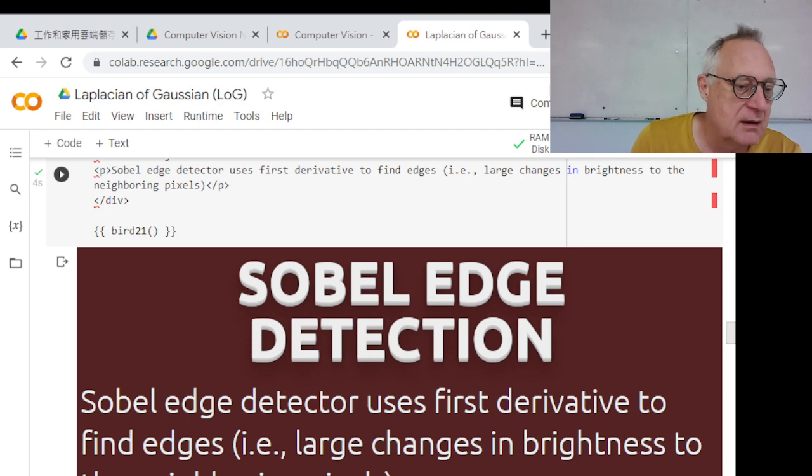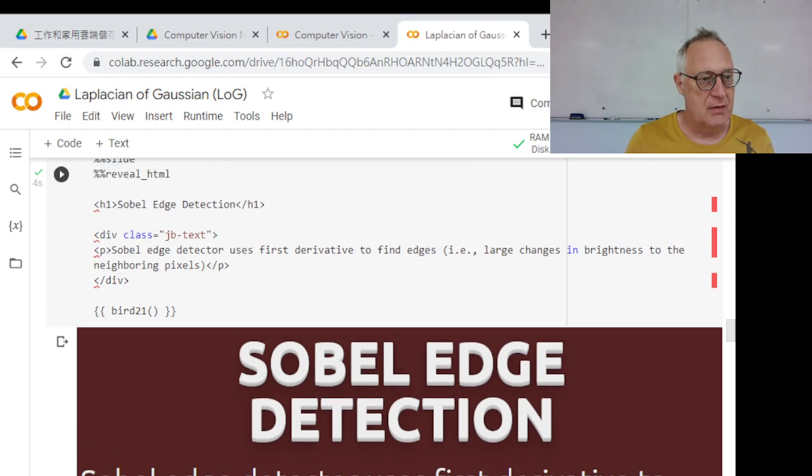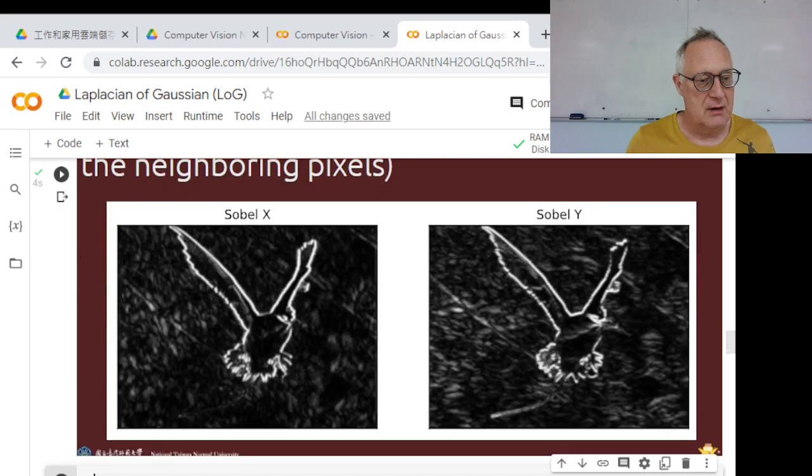On the width of the wing, there's actually 2 pixels on the edge rather than just a single pixel. If I zoom in there, then you can see that it's 2 pixels. Right? Also here at the side of the bird. So that's not what you usually want if you want to detect an edge, right? You just want a single pixel to indicate that there is an edge there.